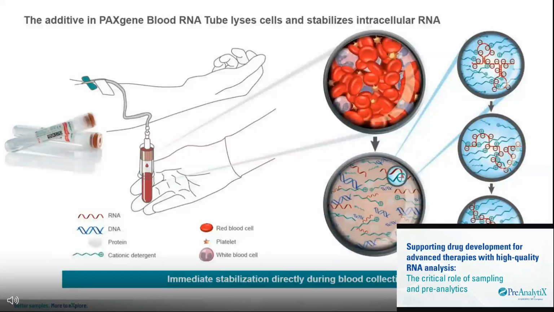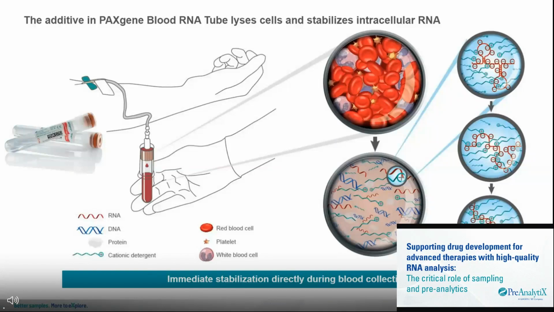I would like to share with you some technical details of what happens during blood collection in the packaged blood RNA tube. So as soon as the blood tube is connected to the patient, blood gets into contact with the RNA stabilization reagent in the tube. So the cells are immediately lysed in the tube by a strong cationic detergent of the stabilizer.